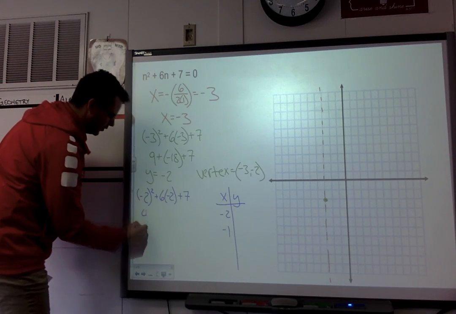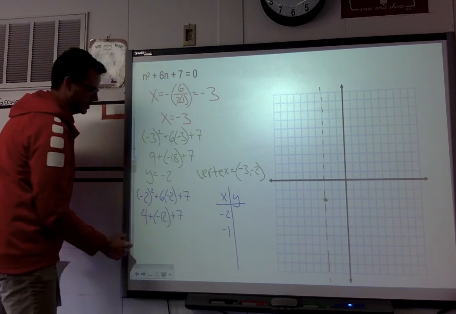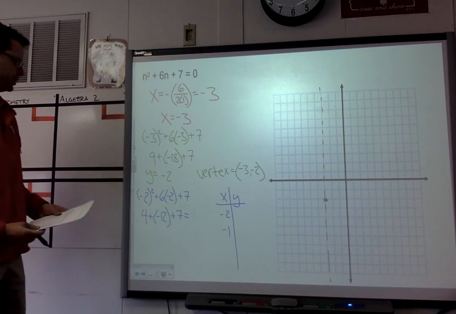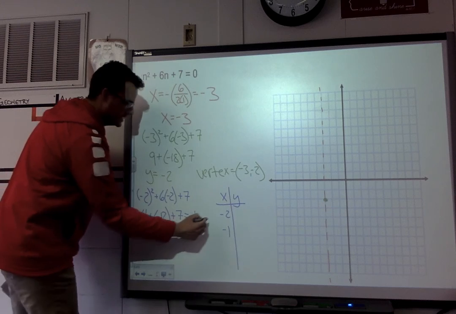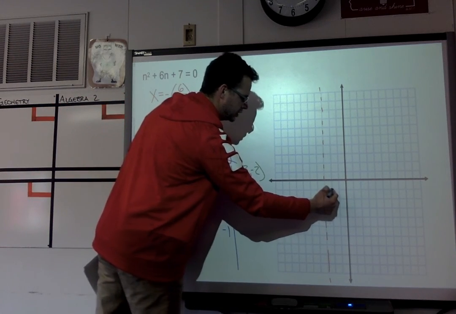So we'll get 4 plus -12 plus 7, which is going to give us -1. So we know we'll have a point at -2, -1.